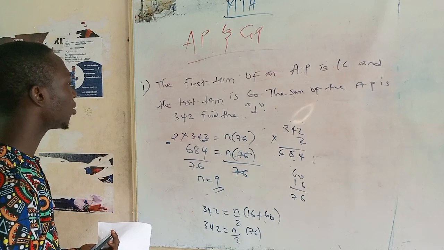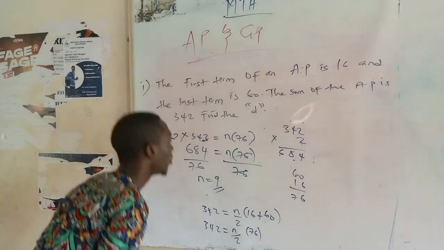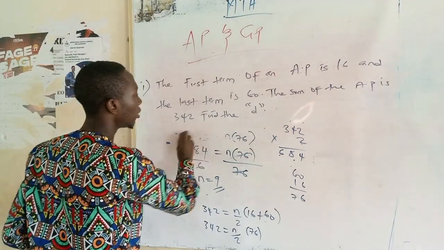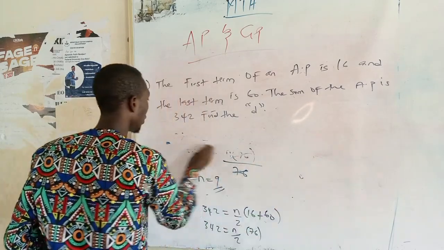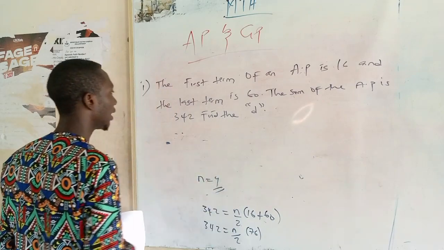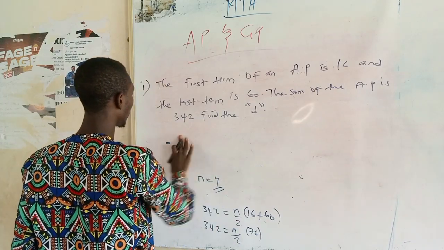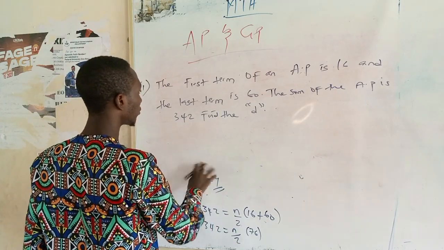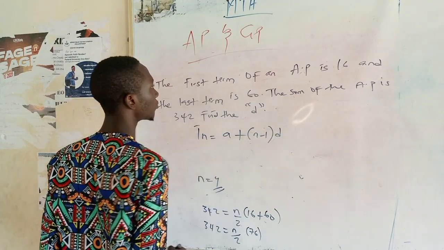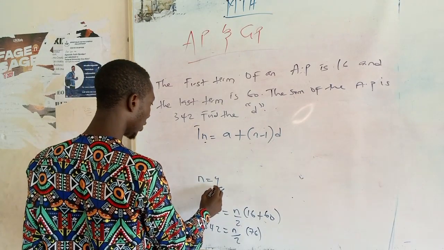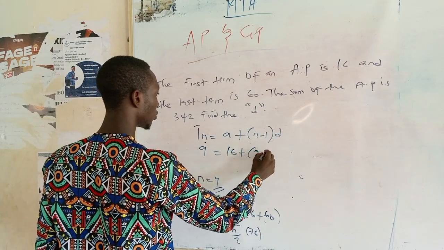So now, since we have gotten the number of terms, what are we to do next? It is very, very easy. We just need to look for our common difference straight up. Now, I've gotten our n, so we can look for our common difference. The formula is Tn equals a plus (n minus 1)d. Now, Tn, the nth term, is 9 equals first term 16 plus (9 minus 1)d.